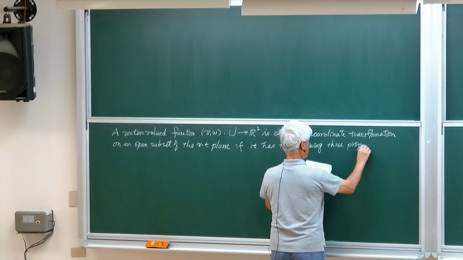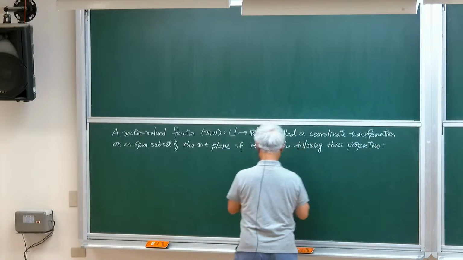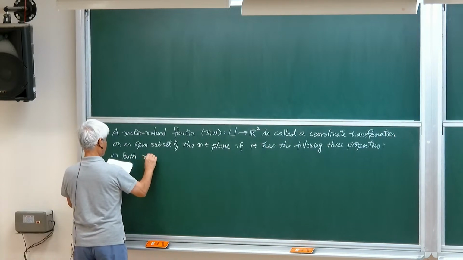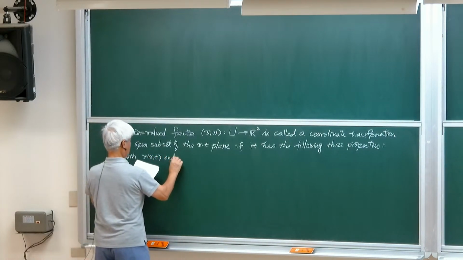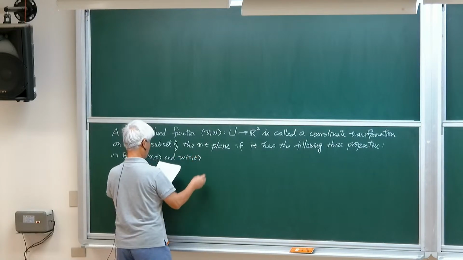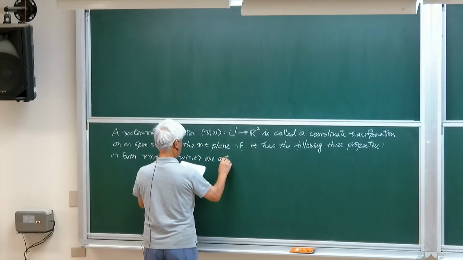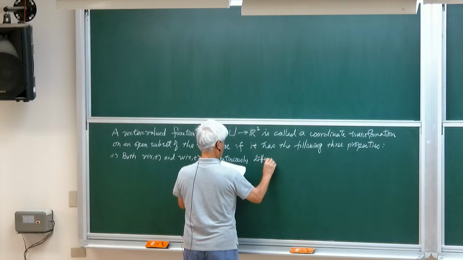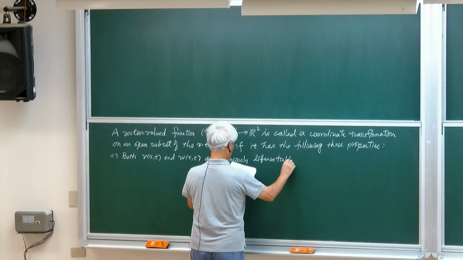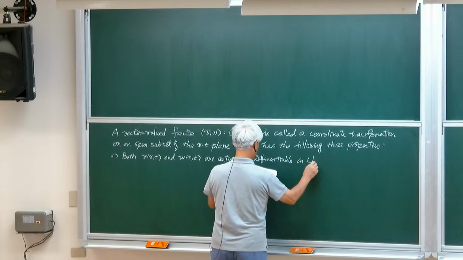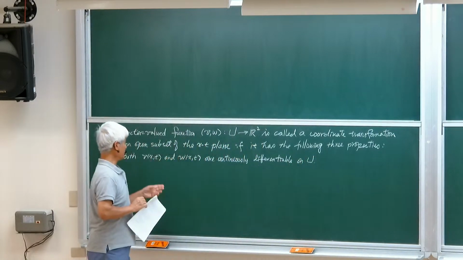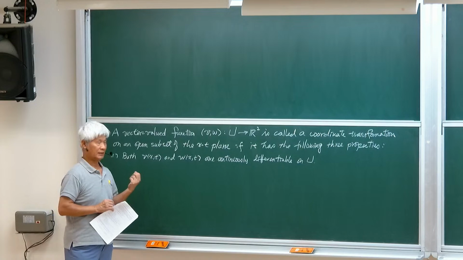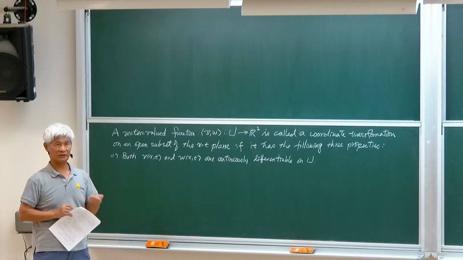I list the three properties here. First of all, both the v function and the w function are continuously differentiable on U, which means that v has two first-order partial derivatives, and these two first-order partial derivatives are continuous.